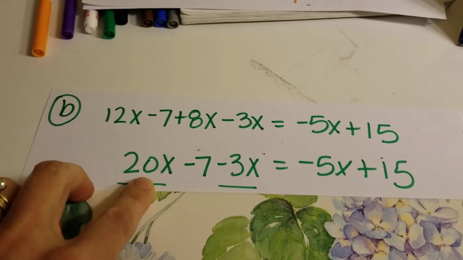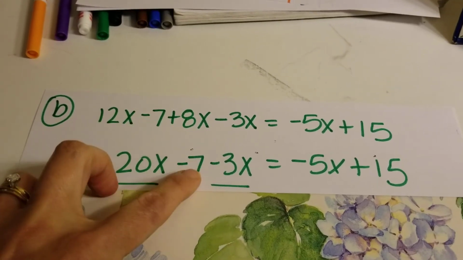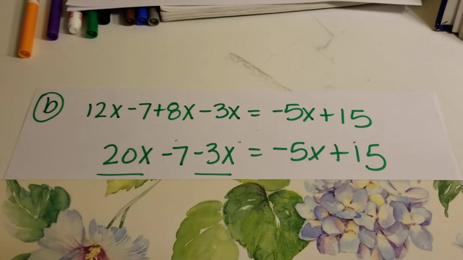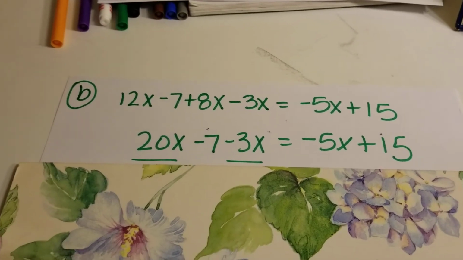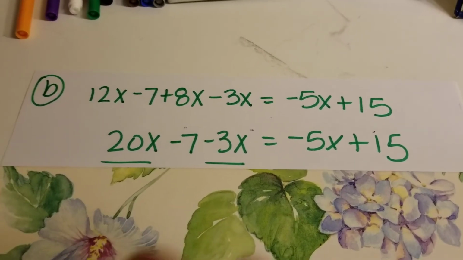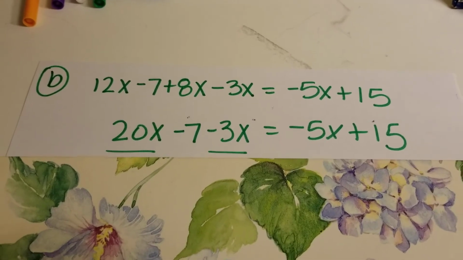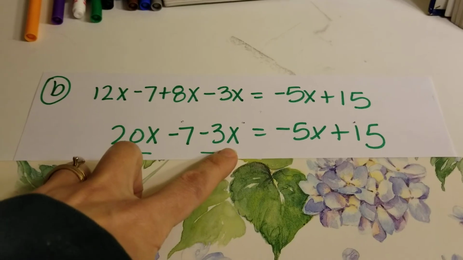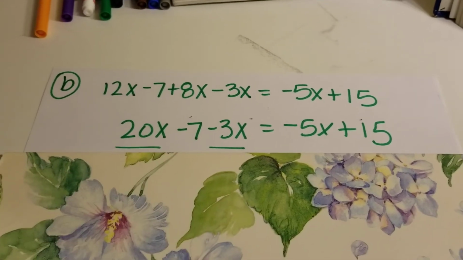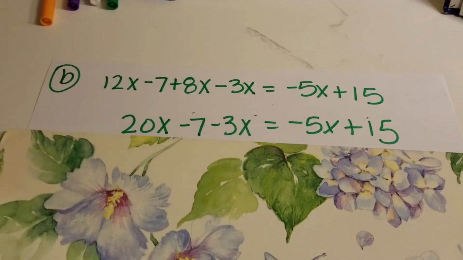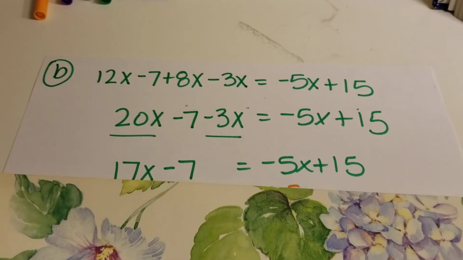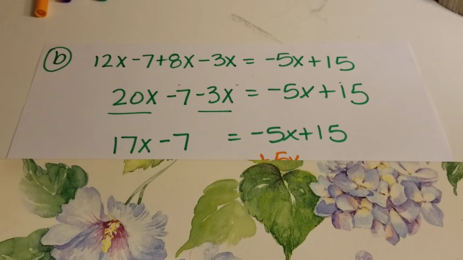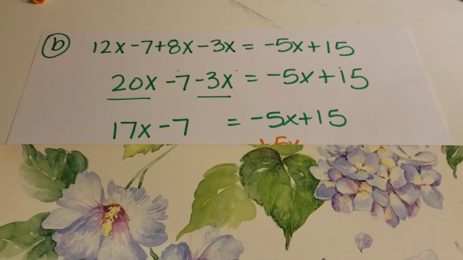So 20x minus 7 minus 3x. Since I hadn't added the negative 3x with the other x's at this point, I just brought it along and copied the right hand of the equation too. Now I recognize I still have 2 expressions with x on this side. So I have to take 20x minus 3x. So I'm going to get 17x minus 7 equals negative 5x plus 15.